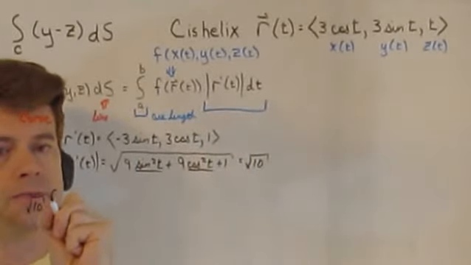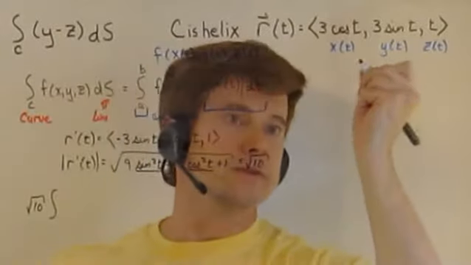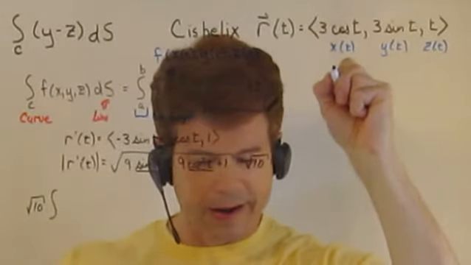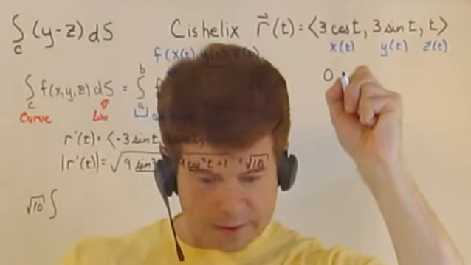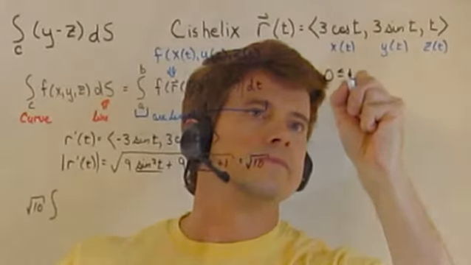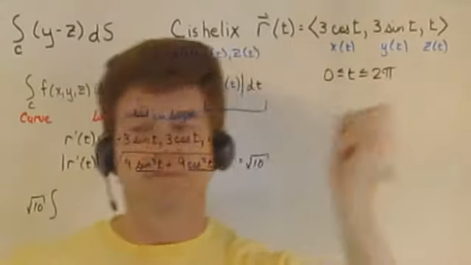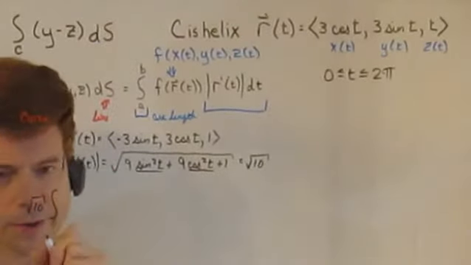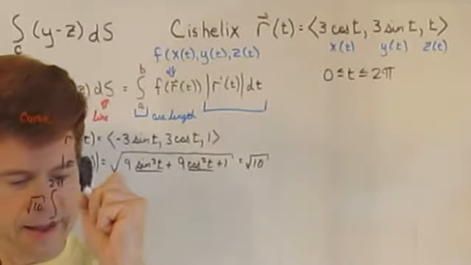Now the integral is going from a to b, and those a to b values that I forgot to write down up here, that is our value of t between 0 and 2 pi. That's very helpful to know, from 0 to 2 pi.